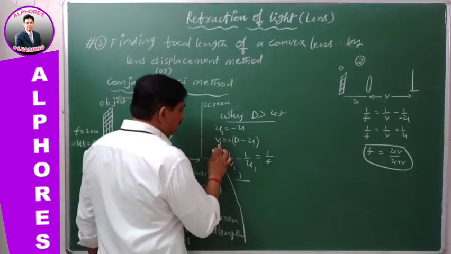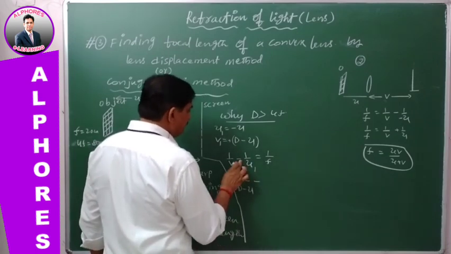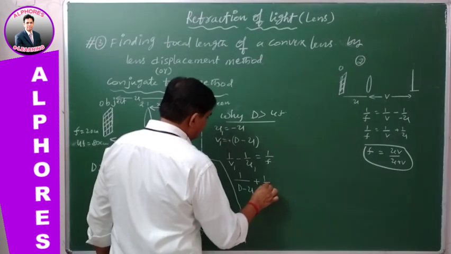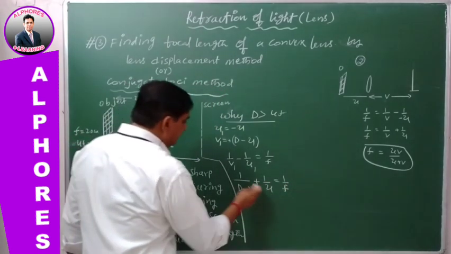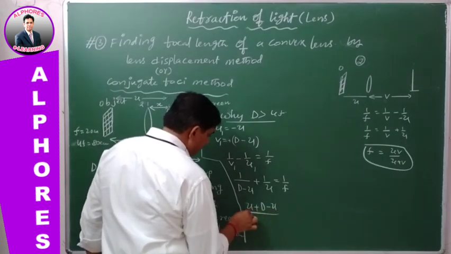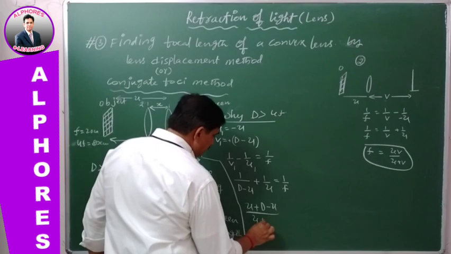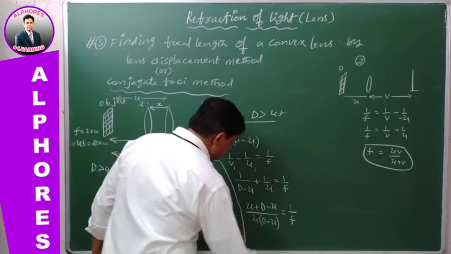1 by v1 is 1 by (D minus u), minus of minus, plus 1 by u, is equal to 1 by f. Now taking LCM, (u plus D minus u) by u into (D minus u) is equal to 1 by f.